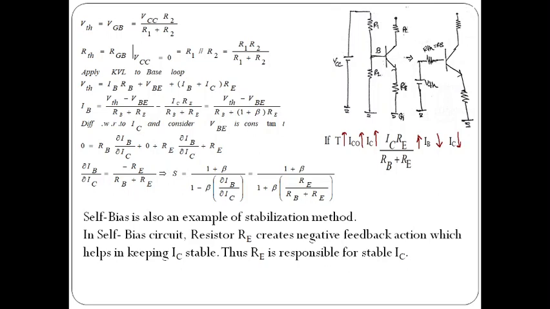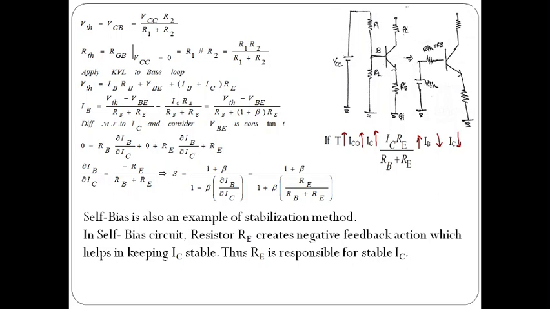Here you can observe, when temperature increases, what happens? Reverse saturation current increases, and again collector current increases. When collector current increases, then what happens? The term IC into RE by RB plus RE also increases. It is similar to the previous one. When this term increases, IB decreases, and IC decreases again.